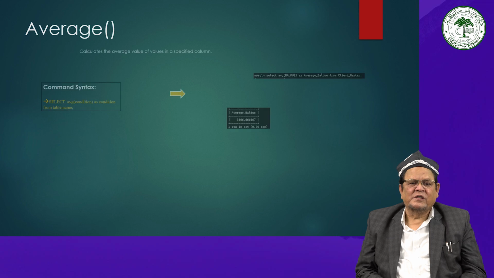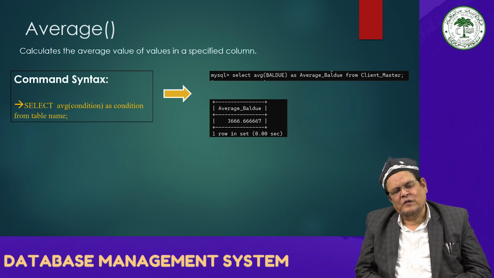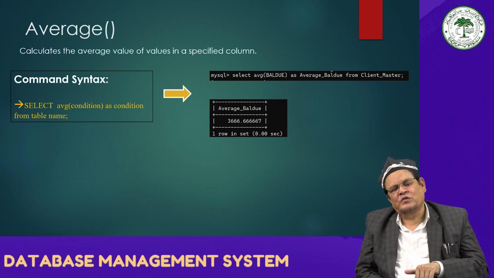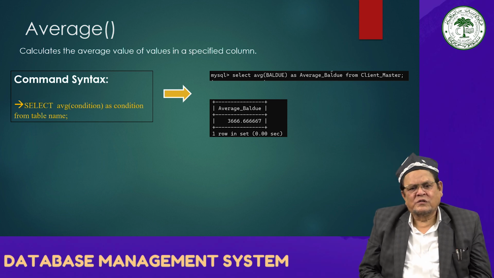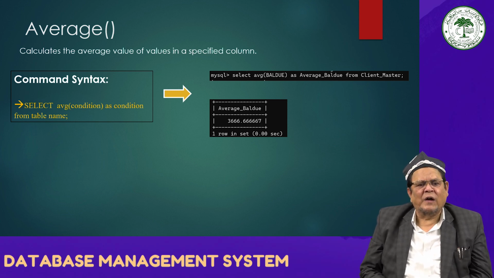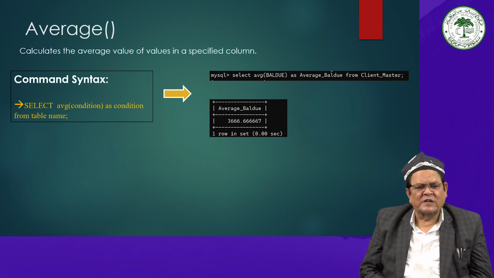Next is average. Average calculates the average value in a specified column. Average means the total sum divided by the number of rows, or you can say number of tuples, then we are able to find the average. The command syntax is select average with condition from the table name.